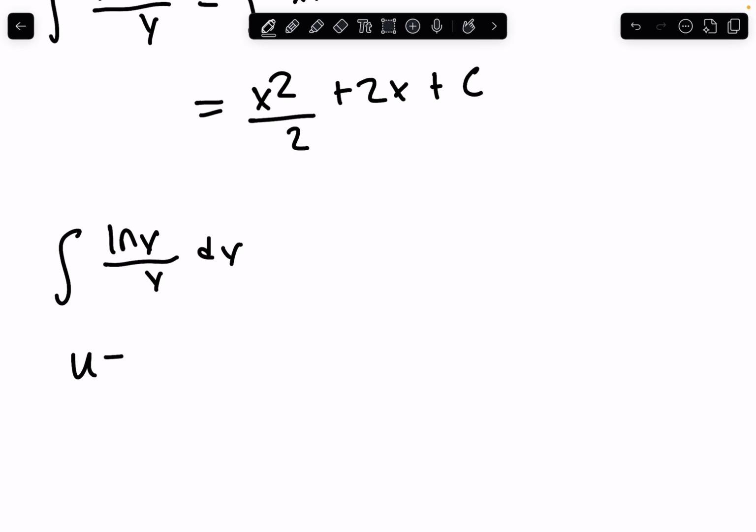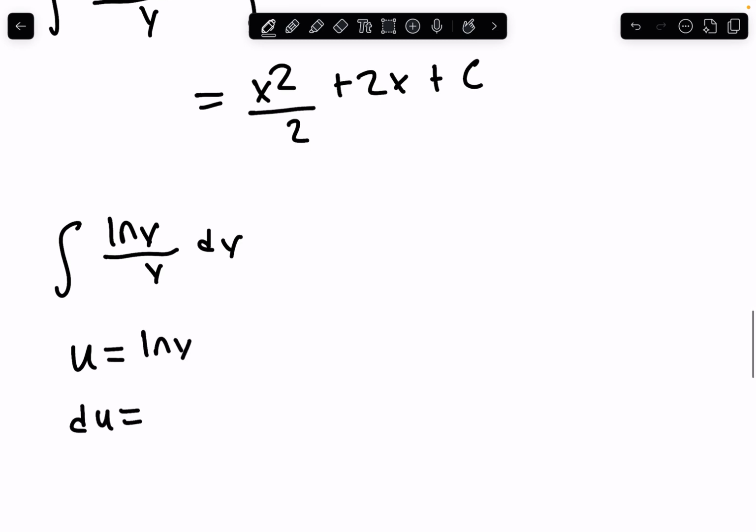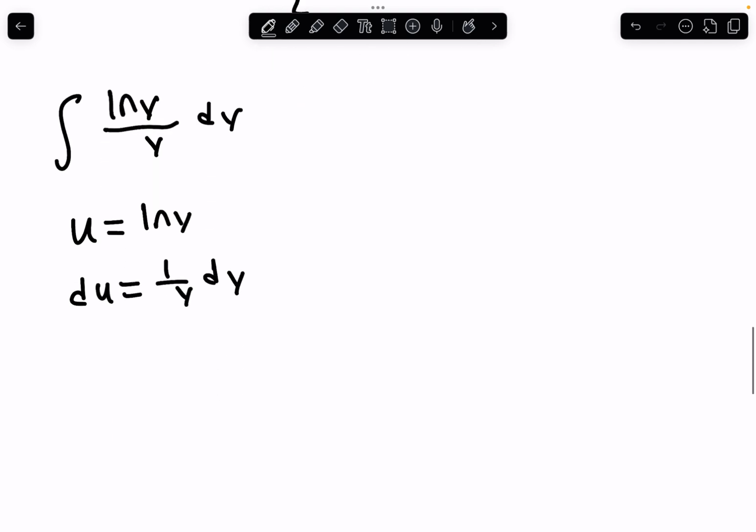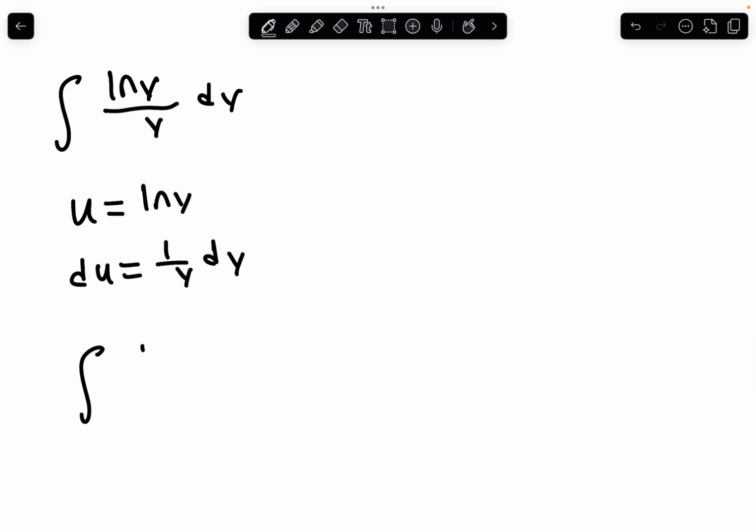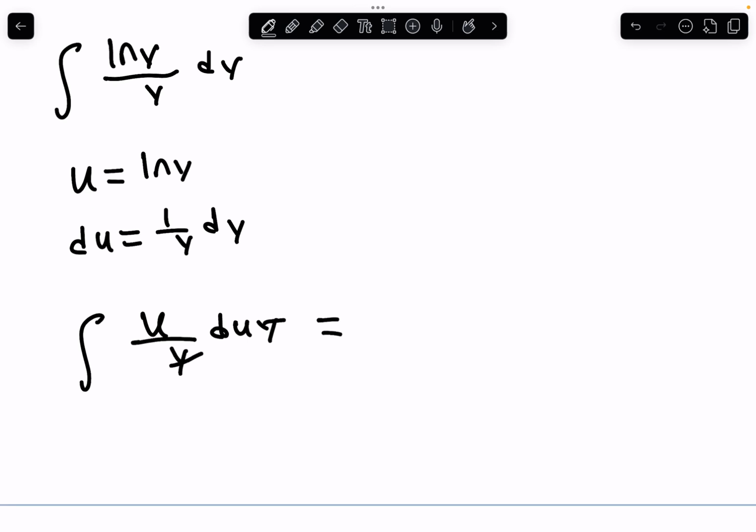So u equals ln y, and du equals 1 over y dy. So if you wanted to change it, it will be u over y dy. So these cancel out and it becomes simply the integral of u du, which is u squared over 2.